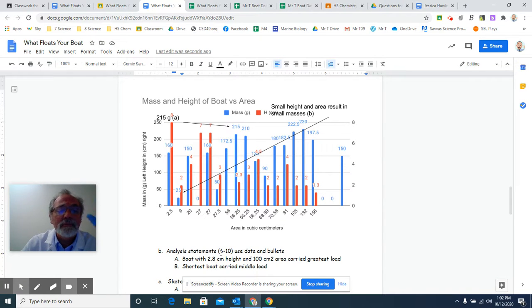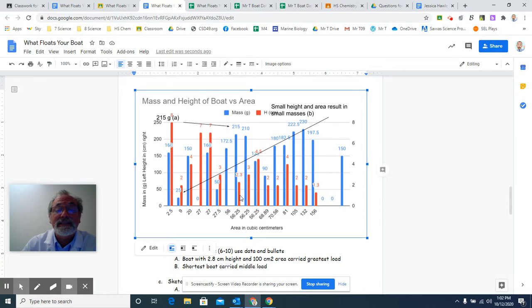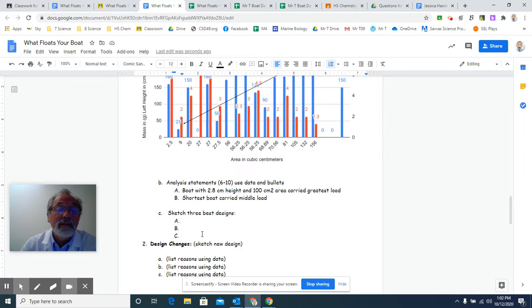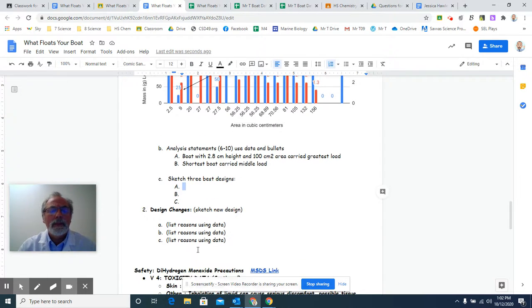You're going to need to come up with 6 to 10 analysis statements about your graph. Then from that, you're going to decide on what these data points are telling you. What should you do to the new design that you're going to make of your boat? And then down here, explain why those design changes were made using your data from above.